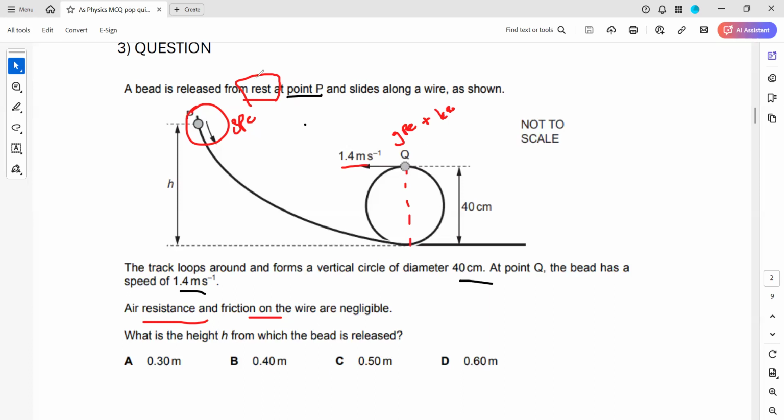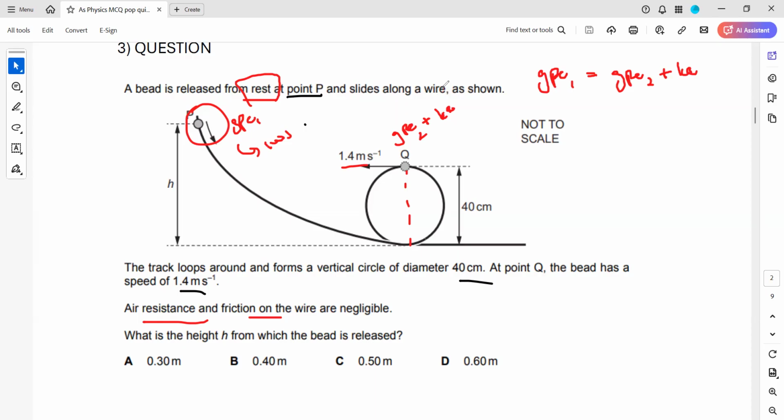So we can say that the original gravitational potential energy, the GPE, is equal to the gravitational potential energy plus the kinetic energy at this point. Let's say it had 100 joules of gravitational potential energy, so maybe 60 joules is gravitational here and 40 will be the kinetic.